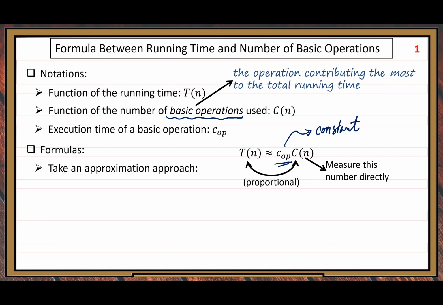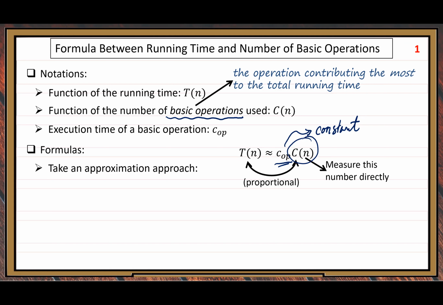We know running time T of n is a kind of measure, good or not, but it is a measure, right? With this approximation formula, we can use C of n to do the measure, because these two functions have the proportional relationship.